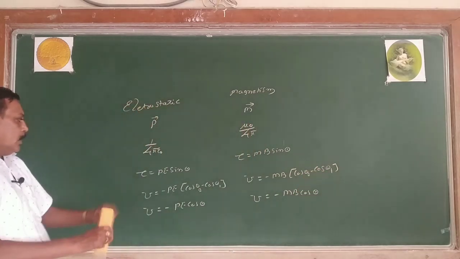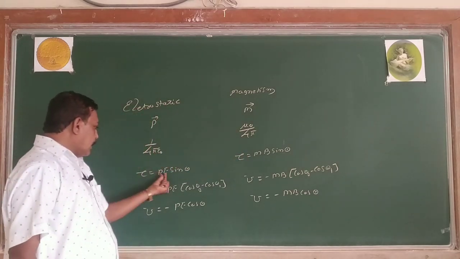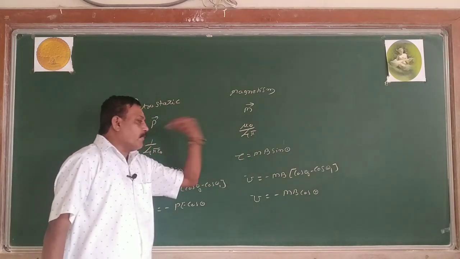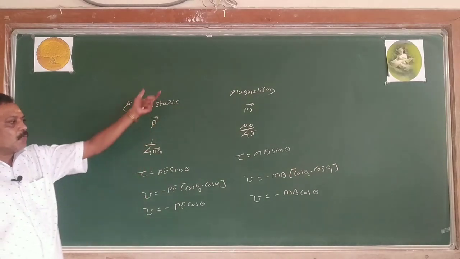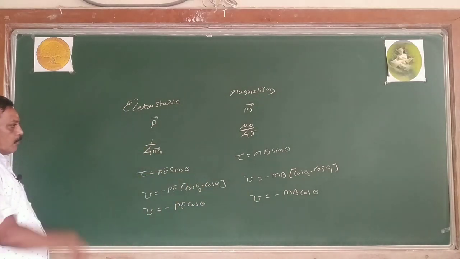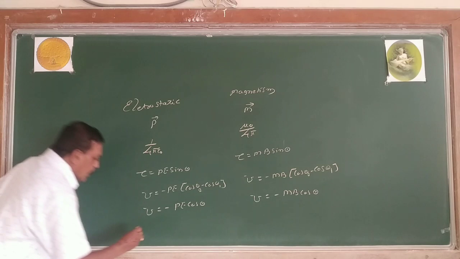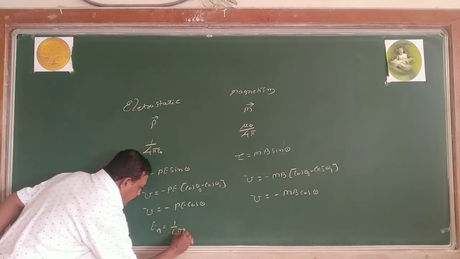The electric dipole moment is replaced by the magnetic dipole moment, and the electric field is replaced by the magnetic field. So if you remember either one set of equations, you can easily get the magnetism equations. One more equation we have studied: the electric field on the axial line is 1 divided by 4 pi epsilon naught times 2p by d cube.